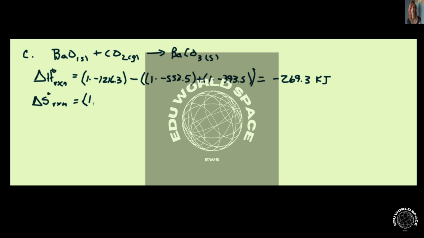Again, 1 mole of barium carbonate. It has an entropy of formation of 112.1 joules per mole Kelvin. On the reactant side, 1 mole of barium oxide with an entropy of 70.42 joules per Kelvin. And our carbon dioxide with a value of 213.6 joules per Kelvin.